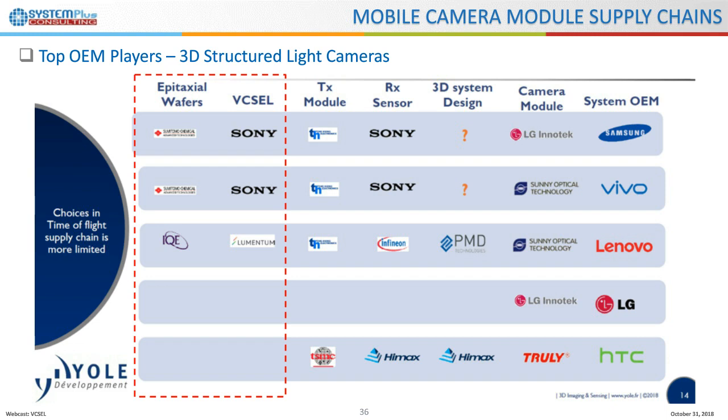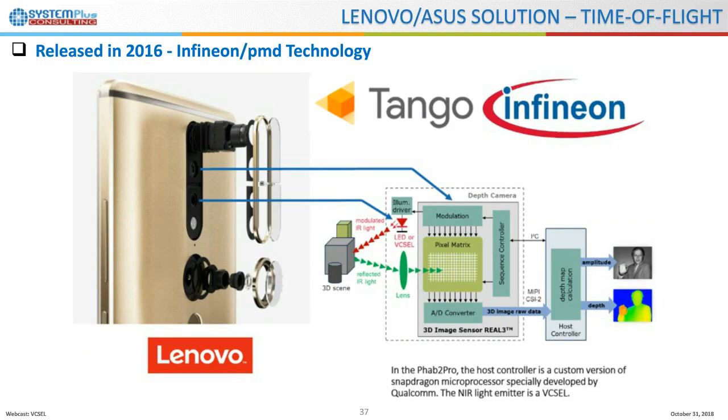So in terms of supply chain, as you can see here, other providers, other OEMs are following this time of flight approach. So Lenovo and Asus have been the first, in fact, to integrate 3D sensing on the rear side of the smartphone. Lenovo was the first with the Google Tango project, using an Infineon PMD solution for the sensor and VCSEL for the emission.